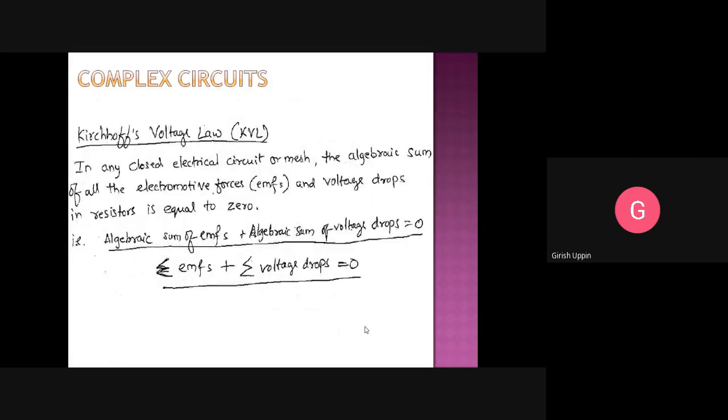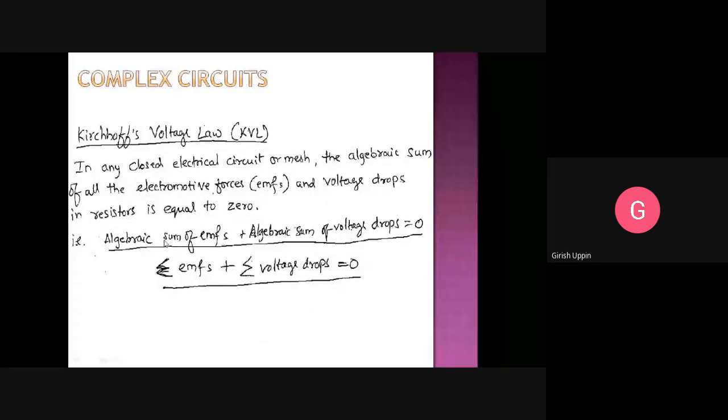Next is Kirchhoff's voltage law, a very, very important law for solving complex circuits. First, what it says is, in any closed electrical circuit or mesh, remember KCL, Kirchhoff's current law, is applied to a node in an electrical circuit, and Kirchhoff's voltage law is applied to a mesh or a loop.